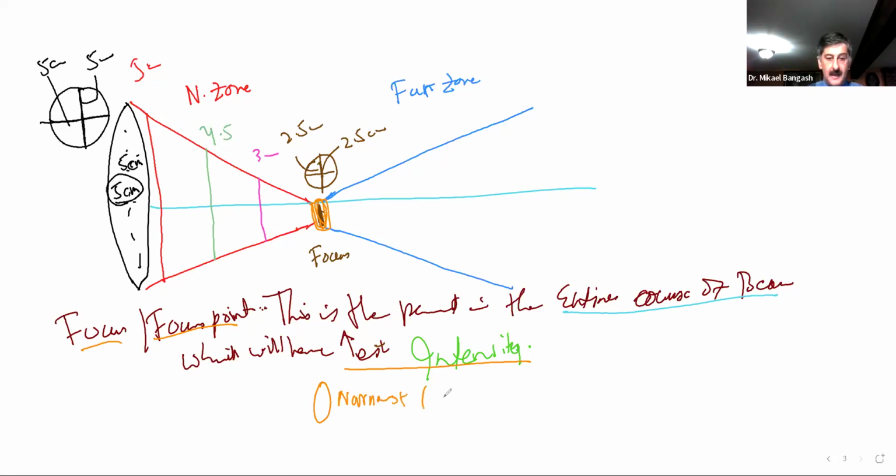And what does it mean to be narrowest? Having the smallest area. And what do we know? That intensity is inversely proportional to area.